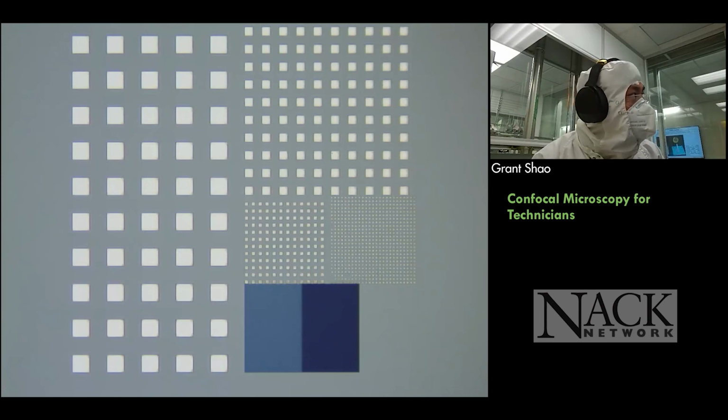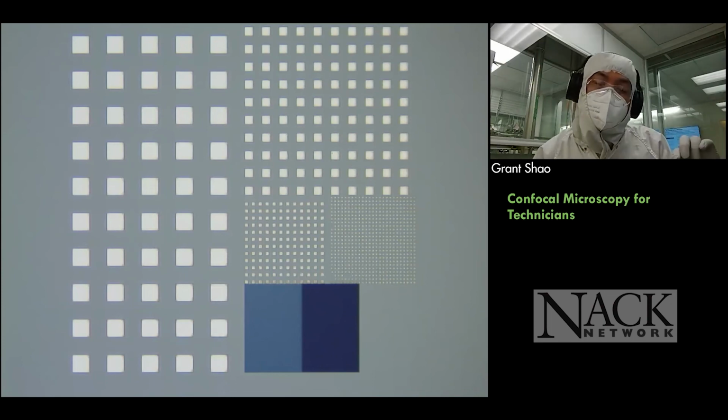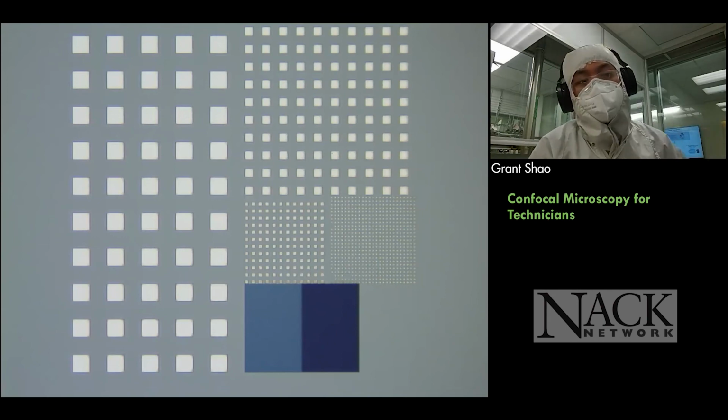There is one feature on this particular tool. I don't know if it's applicable to all confocals, but there is an option for a relatively transparent thin film. Basically, it's detecting the laser intensity at various Z heights.